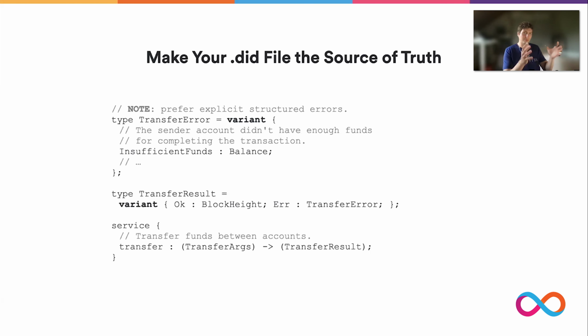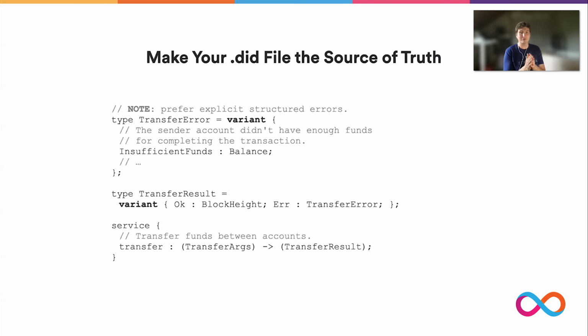So the public face of your canister should not be exactly the same as your implementation defines. My recommendation would be that you write Candid files by hand and comment them carefully.